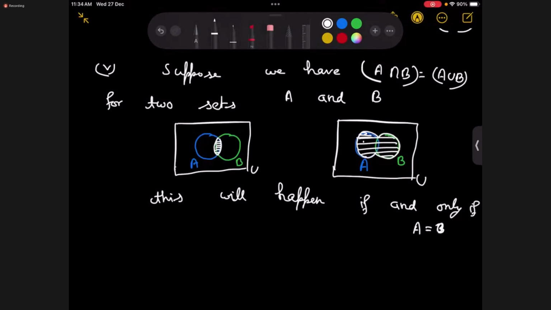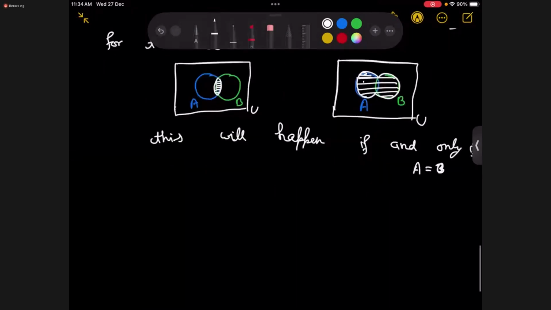If we have A union B equal to A intersection B, then both the sets are the same.